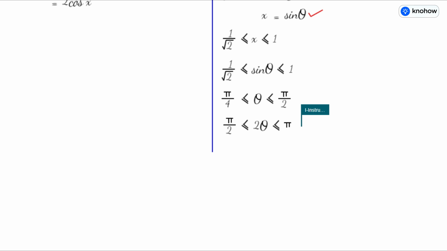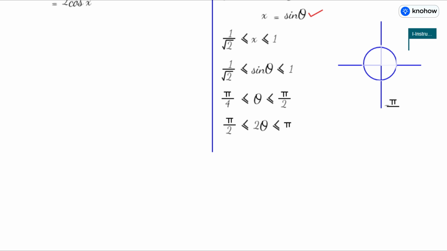Look at this portion, pi by 2 to pi. Is it in the principal value branch of sine inverse x? The principal value branch of sine inverse x is minus pi by 2 to pi by 2. So this portion, that is pi by 2 to pi, does not lie in the principal value branch.